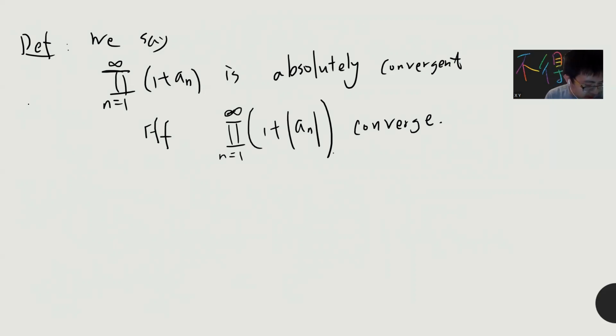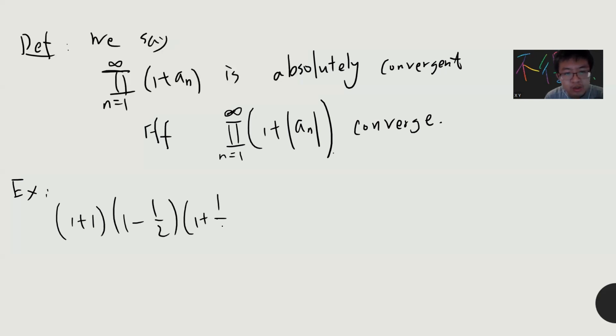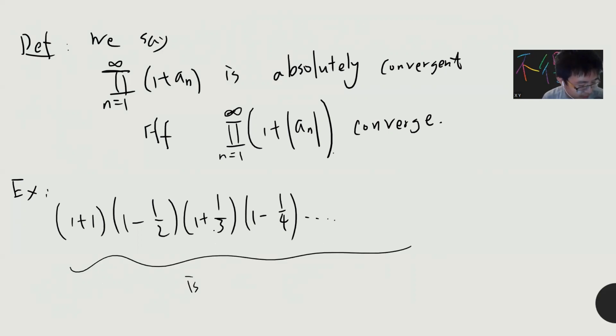Okay, so let's do an example. 1 plus 1, 1 minus a half, 1 plus 1 divided by 3, 1 minus 1 divided by 4. What's going on? This sequence converges. You can try to prove it. It's not difficult, not trivial. It converges, but not absolutely.